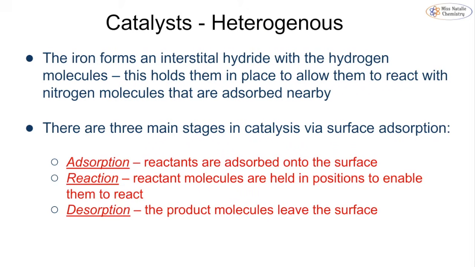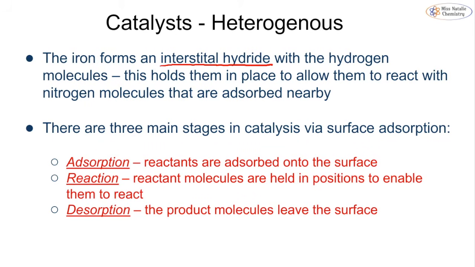So the iron forms something known as an interstitial hydride with the hydrogen molecules, and basically what that means is the iron bonds with the hydrogen and holds the hydrogen in place, and by holding it in place it allows the nitrogen to collide with the hydrogen and then react.